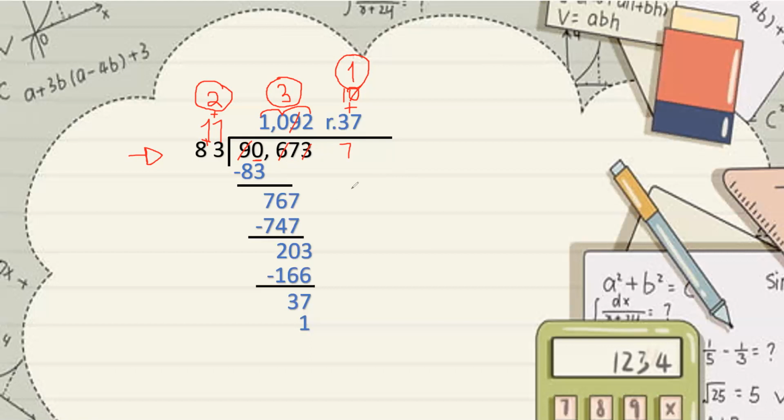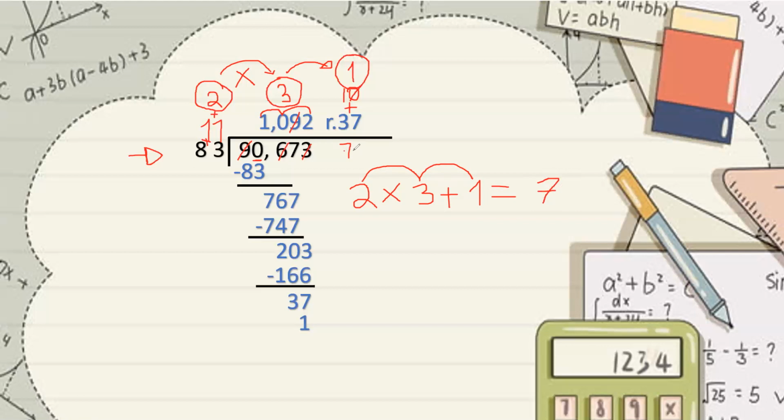Now we have to say 2, remember, divisor exceed times quotient exceed plus remainder exceed. So 2 times 3 plus 1 equal 2 times 3, 6. 6 plus 1, 7.